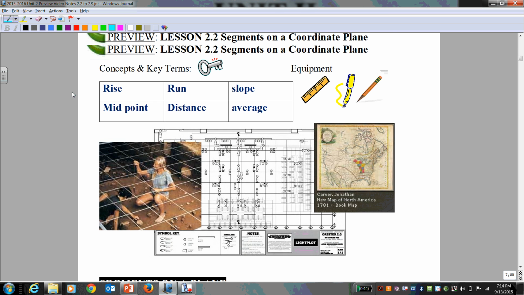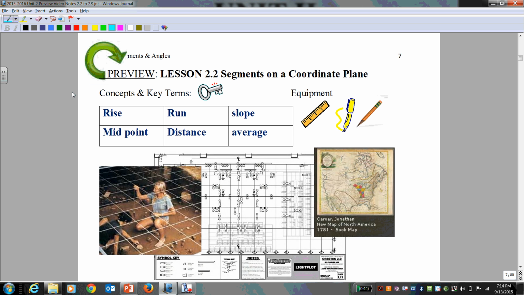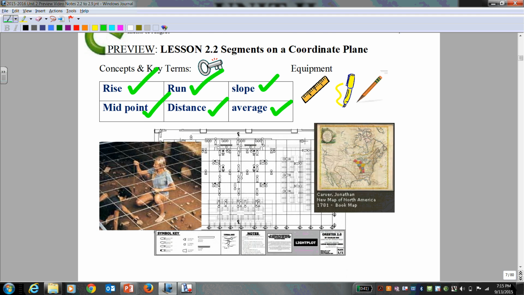So taking a look here, we're talking about segments on a coordinate plane. Key terms: rise, run, slope, midpoint, distance, average. Working on a coordinate plane is used in a variety of professions.